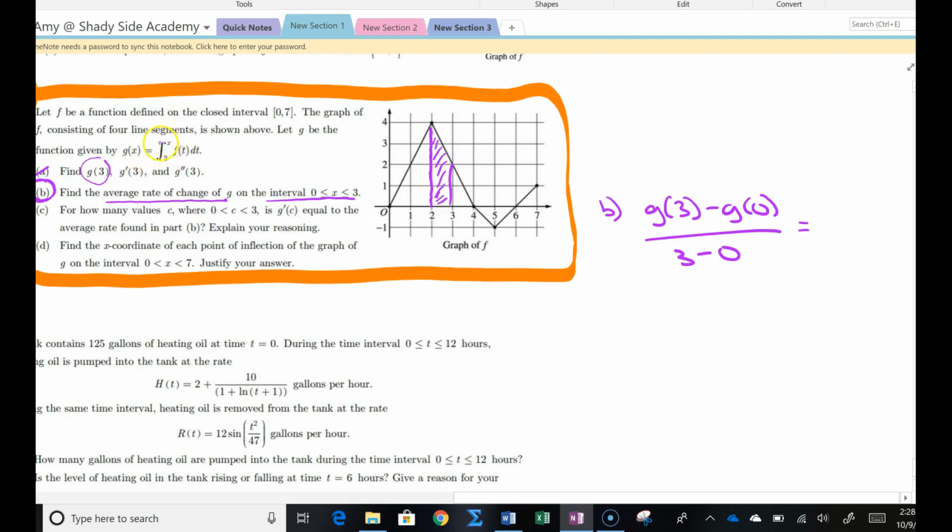Now, G of 0 is the definite integral from 2 to 0, and that is going to be this net signed area. However, understand something. If it's the net signed area from 2 to 0 of this, that's going to be a negative number.